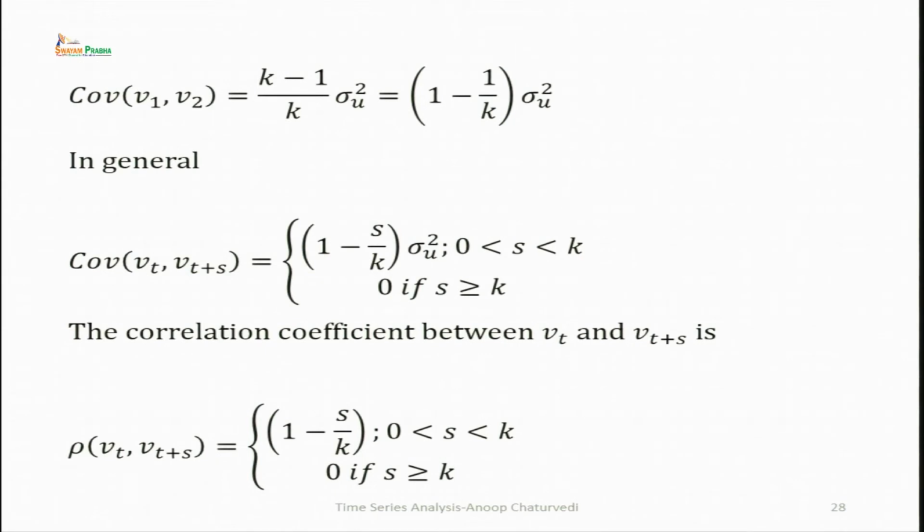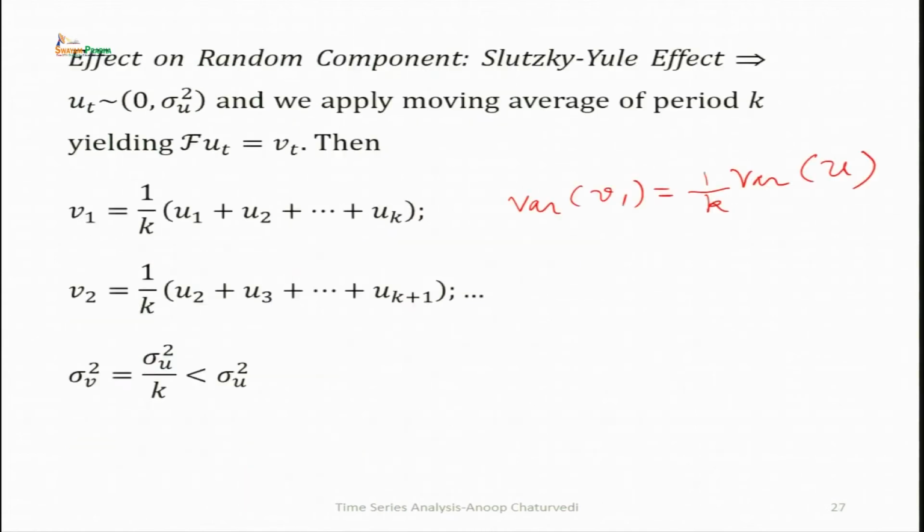Then we obtain the covariance between V1 and V2. So, you multiply V1 and V2 and take the expectation. Terms like u1u2, u1u3, and so on up to u1uk have expectation 0.